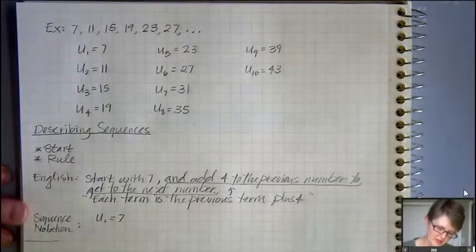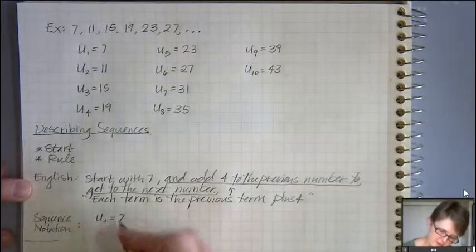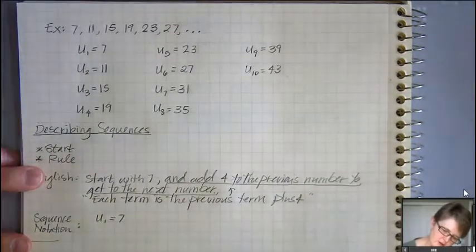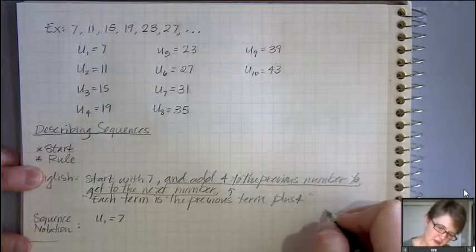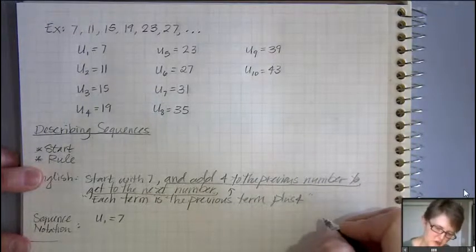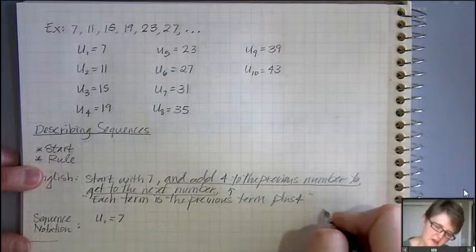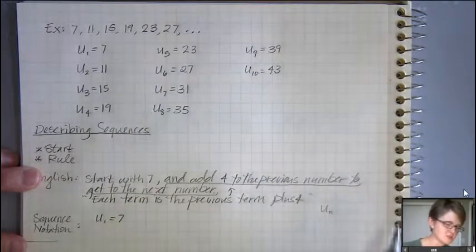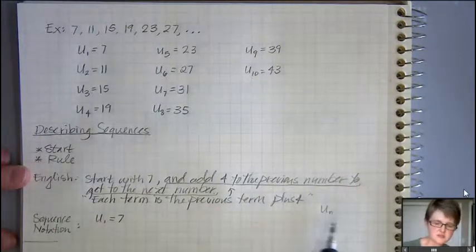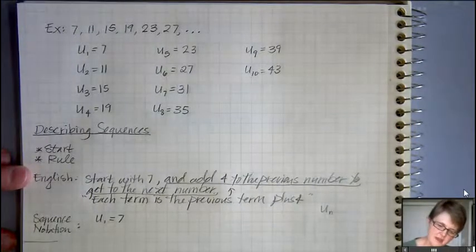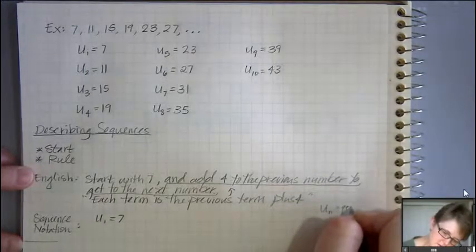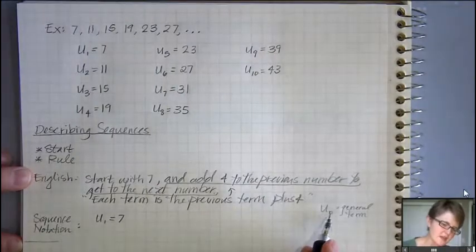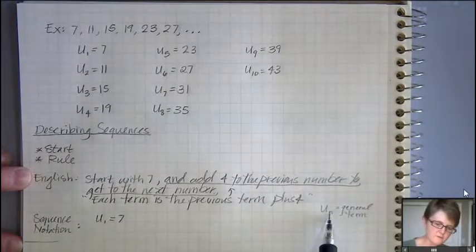And then each term, so I'm going to put a little key over here. If I use u sub 1 to be the first term, u sub 2 to be the second term, etc., I can actually use u sub n to just mean any general term. N can represent any subscript. So u sub n is a general term, meaning it can be any term depending on what we want n to equal. If we wanted n to equal 1, it would be the first term. If we want n to be 7, it would be the seventh term.